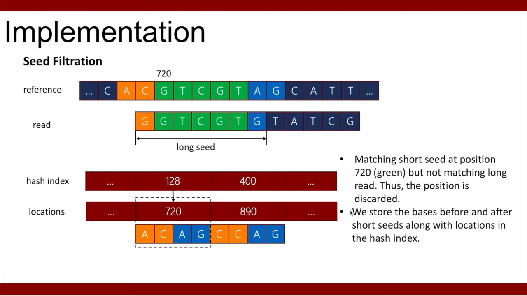If an exact match cannot be made, the candidate position is discarded. Since long seeds are of length k plus s minus 1, and the length of a short seed is k, we can exclude a large number of candidate positions. Thus, we store the s minus 1 bases before and after the short seed in the reference together with the location in the hash index to reduce time.